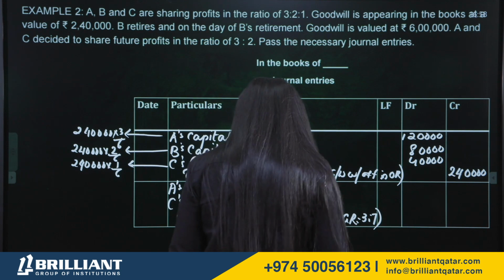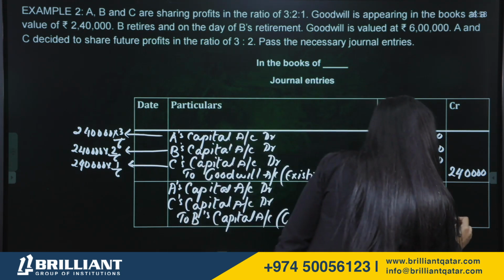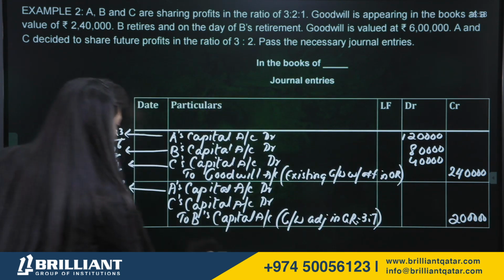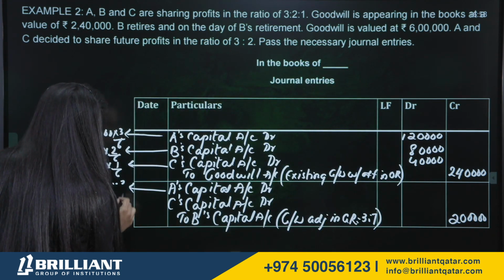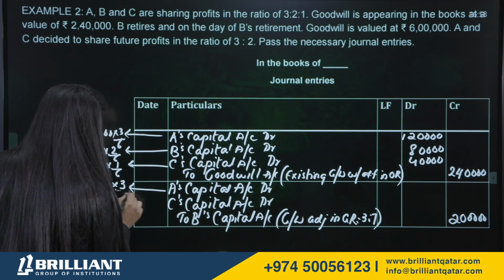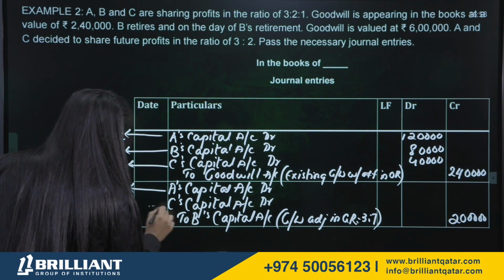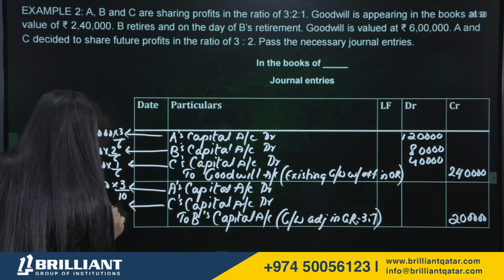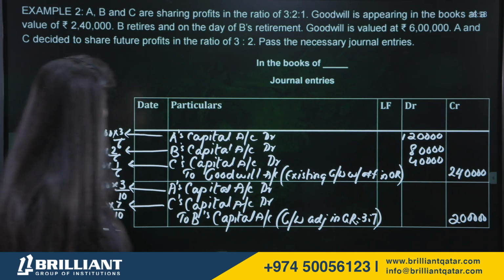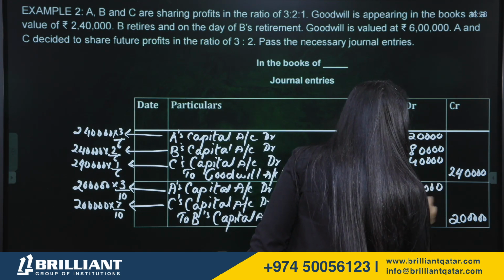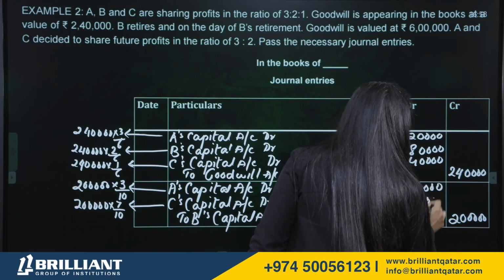So B's capital is 2 lakh into 3 by 10, and for C it is 2 lakh into 7 by 10. So 3 by 10 is 60,000 and 7 by 10 is 1,40,000.